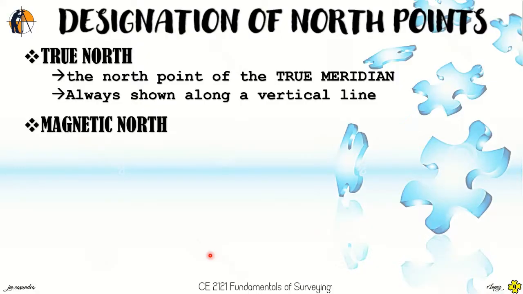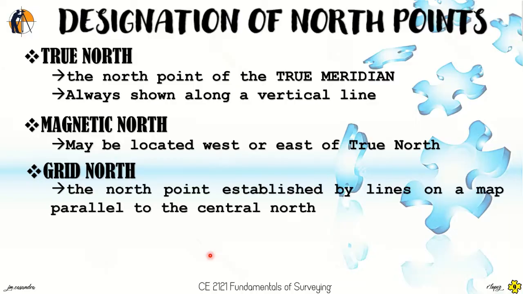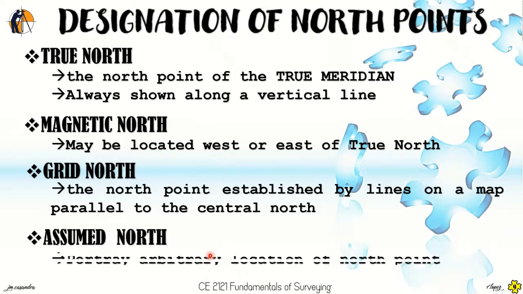The magnetic north is the north point of our magnetic meridian, which may be located to the west or east of our true north. Our grid north is the north point established by lines on a map parallel to the central meridian. And the assumed north is an arbitrary location of your north point.